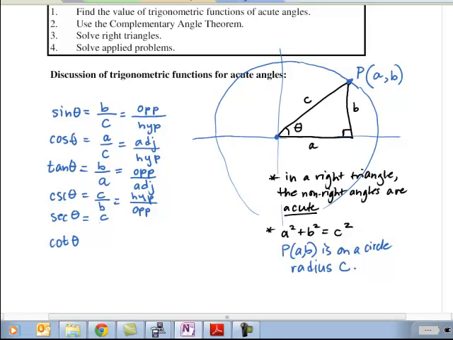Secant is the radius divided by the x-coordinate, which is the hypotenuse divided by the adjacent, and that's the reciprocal of cosine. And cotangent is the x-coordinate divided by the y-coordinate, which is the adjacent divided by the opposite side, and that's the reciprocal of tangent. So the relationships between sine and cosecant, cosine and secant, and tangent and cotangent are the same as they were when we talked about trig functions in chapter 6.